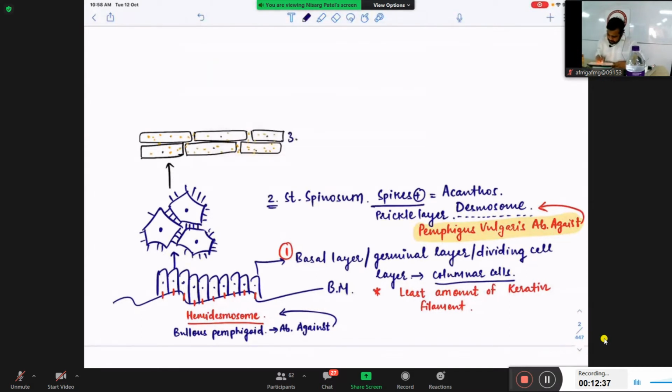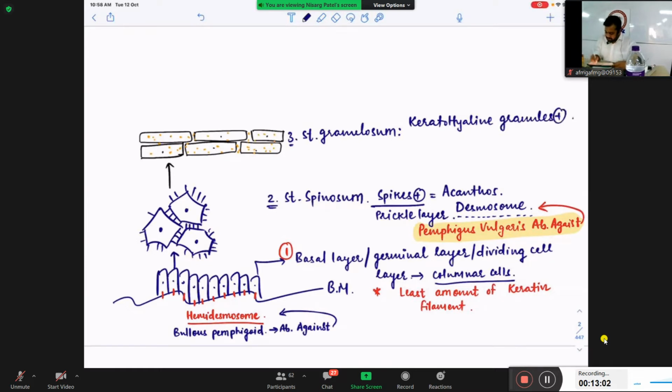So the third layer I will be talking about is the stratum granulosum, because this layer has the keratohyalin granules.